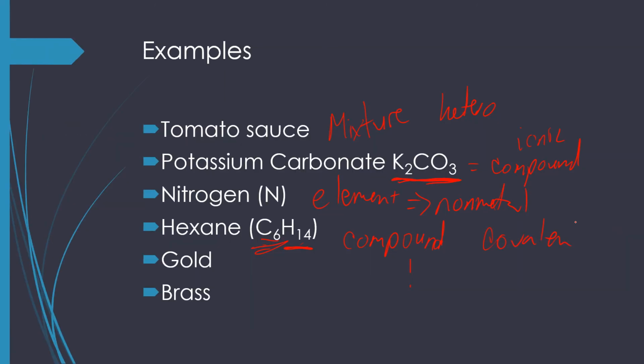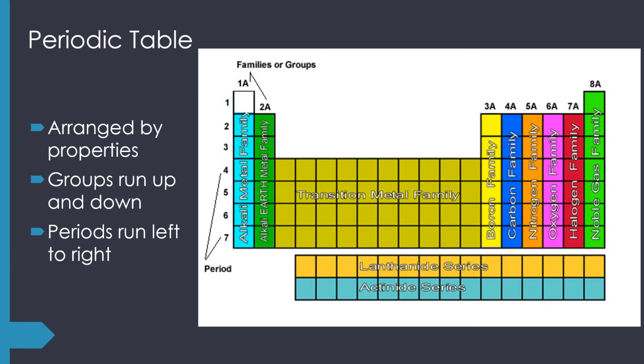Gold is right off the periodic table. That's an element, and that's a metal. And brass is considered a mixture because it has copper and whatnot. So that would be considered homogeneous, because you can't really see where the copper begins and the zinc ends or whatever. All right, so those are some examples of that.